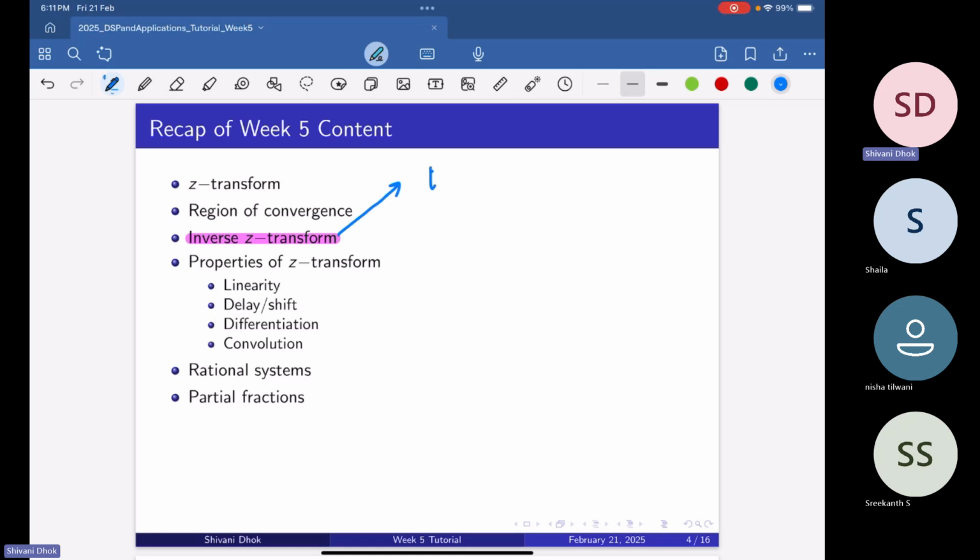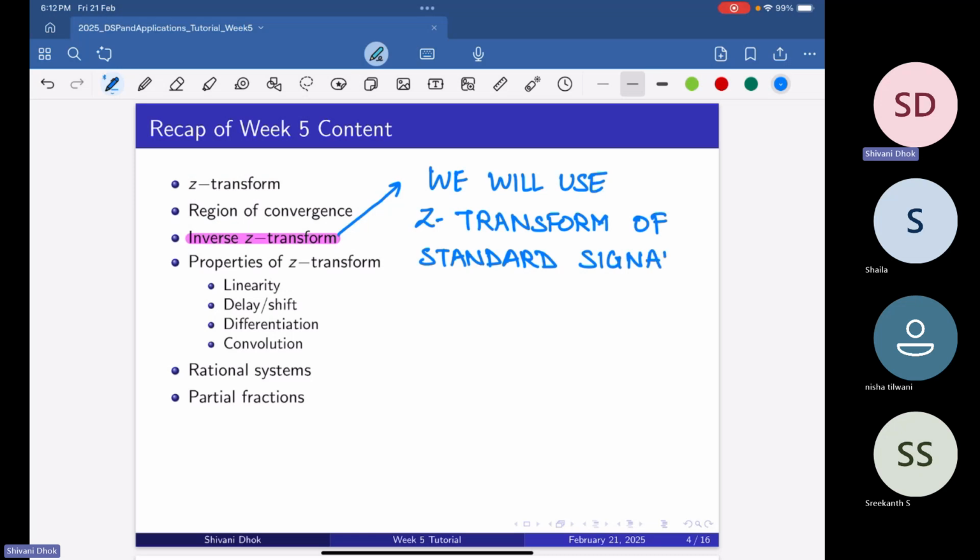So what we will do is we will use the Z transform of standard signals to find the inverse Z transform by observation.